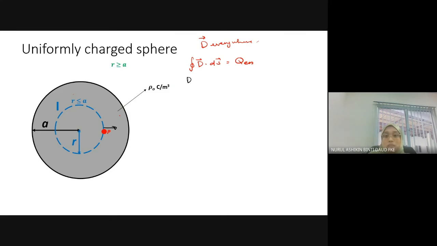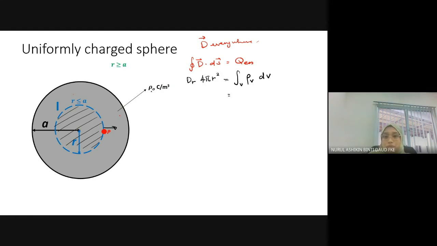So it will be D_r, and dS is the surface area of the Gaussian profile, which is 4 pi r squared, where r refers to this r. For Q enclosed, the charge contained inside this area, it will be the integral over the volume of rho V dV.